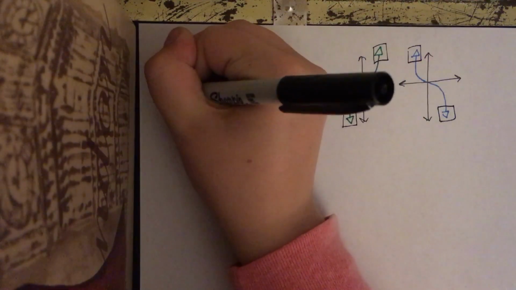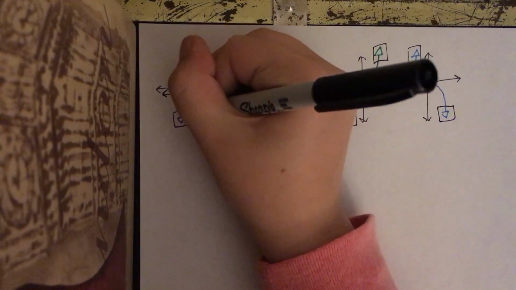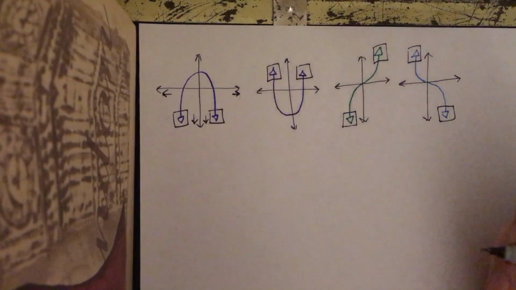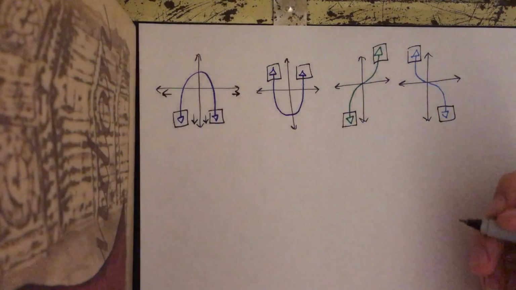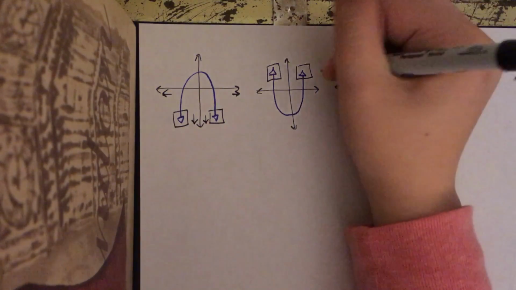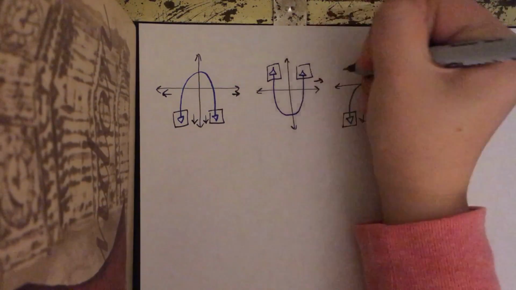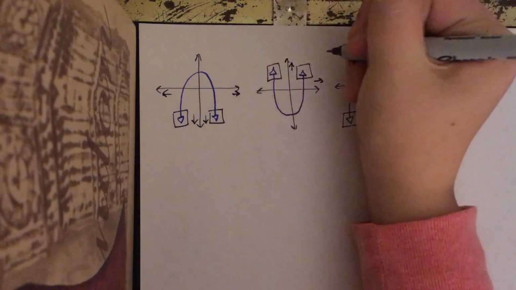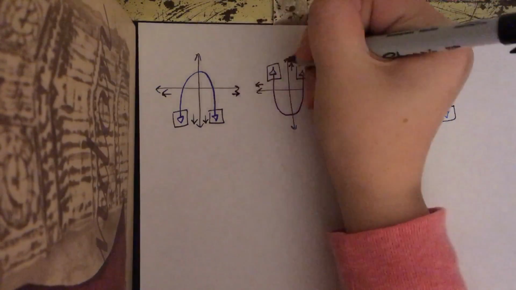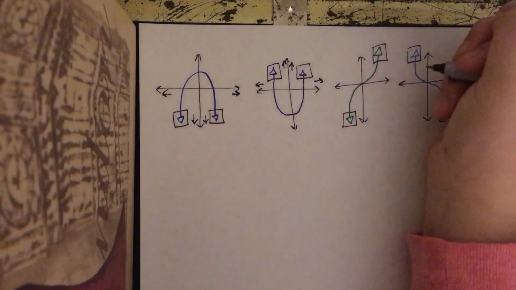And here, as x is going to the negative range, y is going to the negative range again. Here, we see that as x is going to the positive range, y is going to the positive range. And as x is going to the negative range, y is also going to the positive range again.